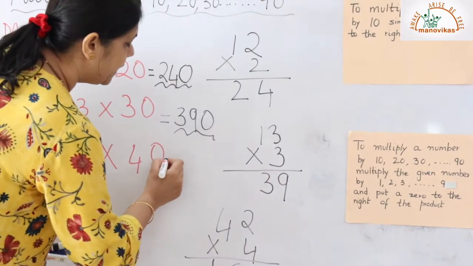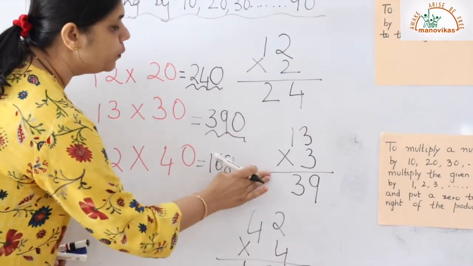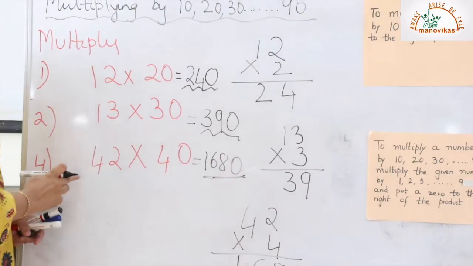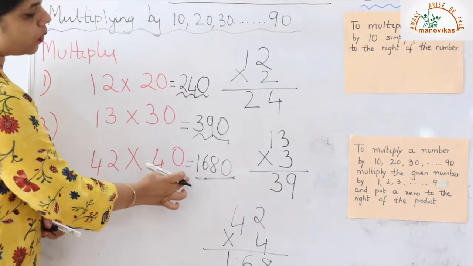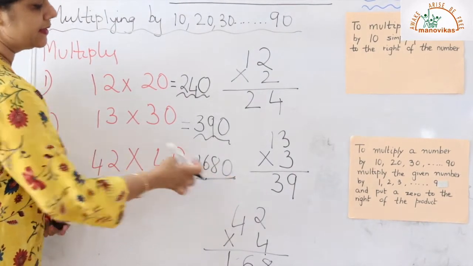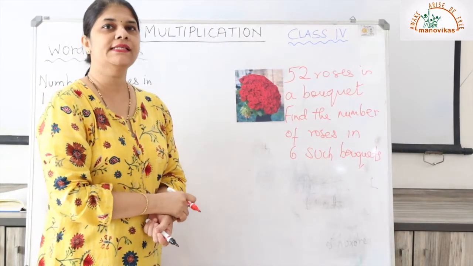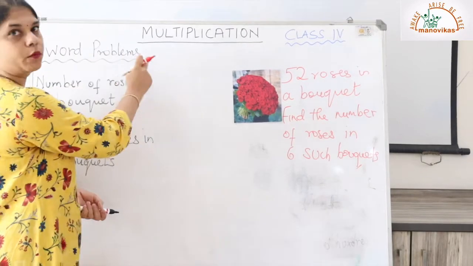Now what will be the answer? 168. And what will you put in front, or to the right? We put a 0. So 42 multiplied by 40 will give us 1680. Yes, is it easy? Now we will see some day-to-day applications with the help of some word problems.